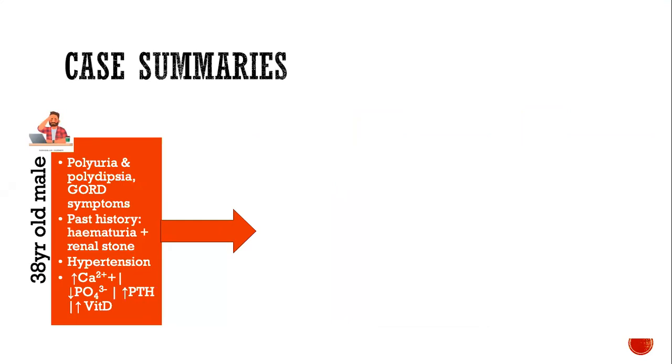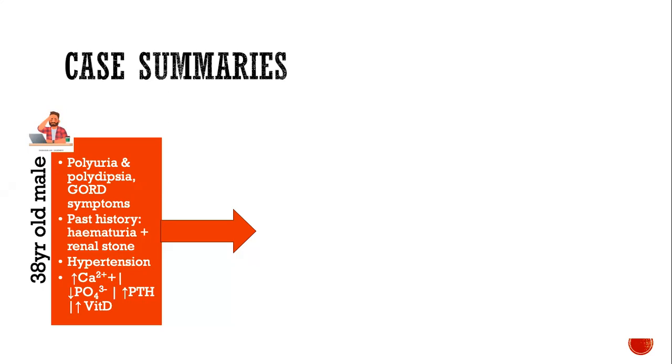So in this patient, initially he presented with polyuria and polydipsia. So we did common investigations like random plasma glucose, then serum electrolytes and other renal function tests like serum creatinine and serum urea. And also serum calcium levels, because there is mild nephrogenic diabetes insipidus with hypercalcemia.